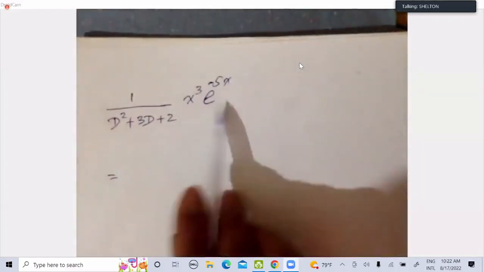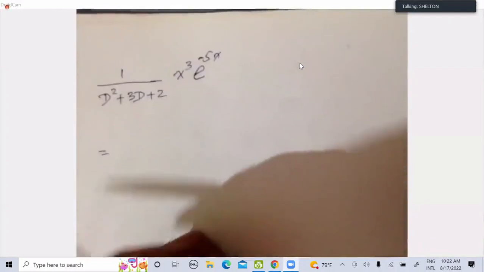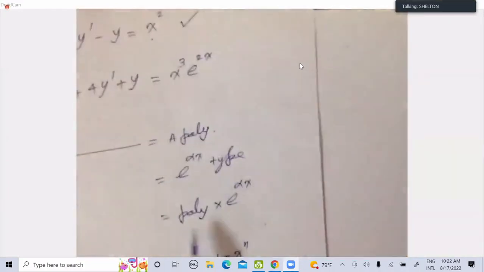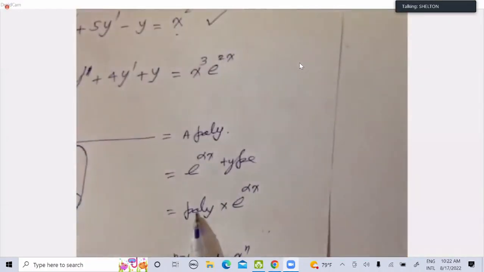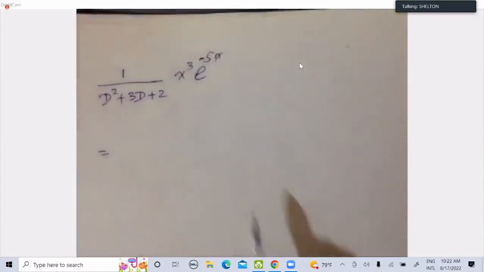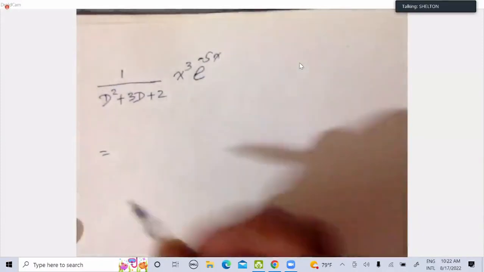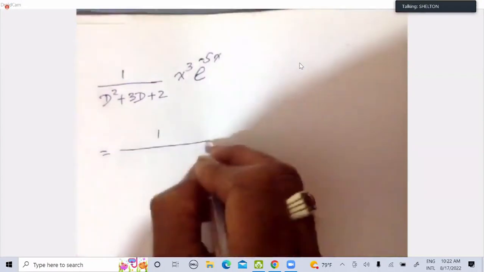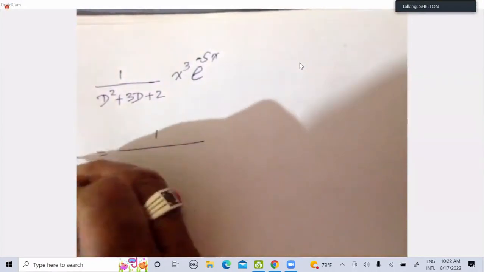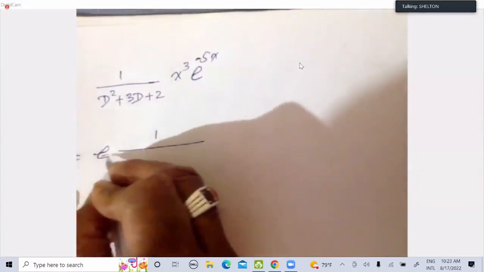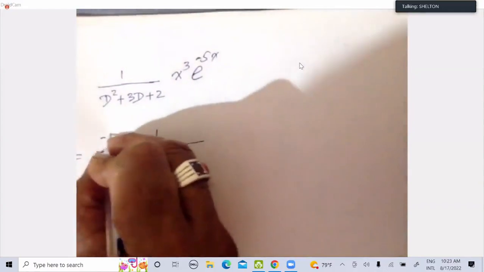Now, if you have something like this, how do you do this? It is of this form: a particular solution when the right-hand side is a polynomial times e to the alpha x. Here it is x cubed times e to the minus 5x.